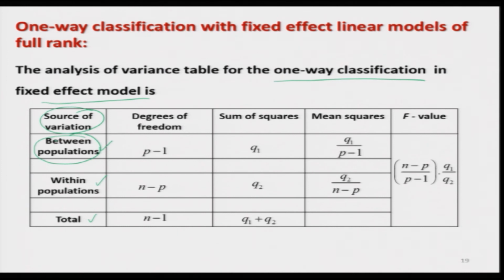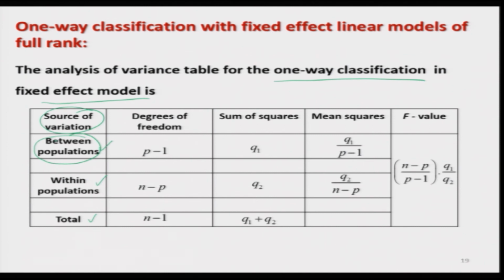Sometimes people call it sum of squares due to null hypothesis, sometimes they call it between population, but that is the same thing actually, nothing more than that. And the basic terminology like between population or within population has been derived after looking into the expressions of Q1 and Q2, right. But you need not worry about this.